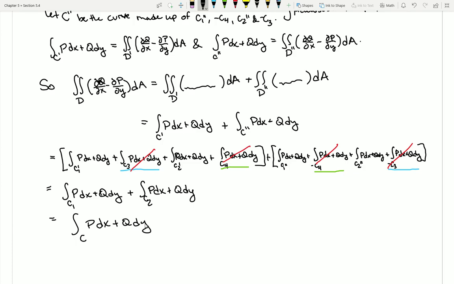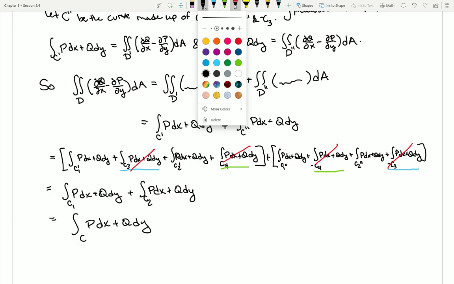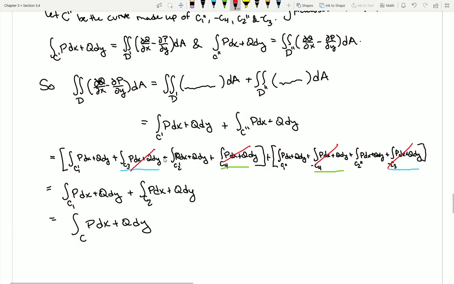So remarkably, even though I have this whole mess, if I break up these different pieces, I can see at the end of the day that what I'm really left with is still this important connection between the double integral over the region and the line integral that I have. And Green's theorem is still preserved, and Green's theorem holds on regions with holes.